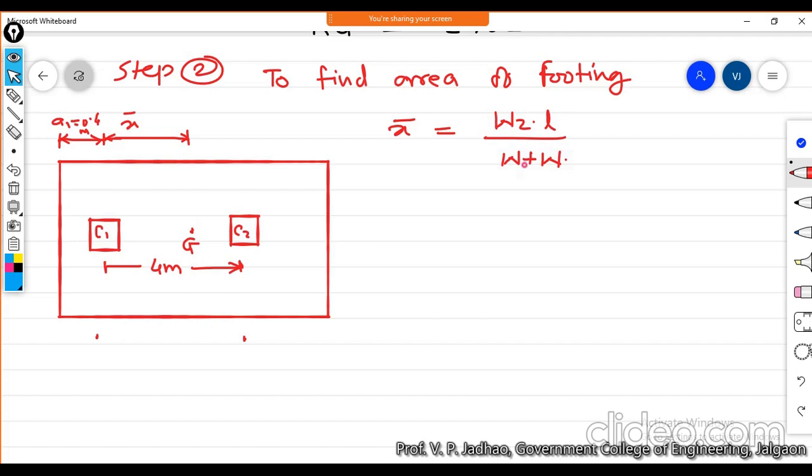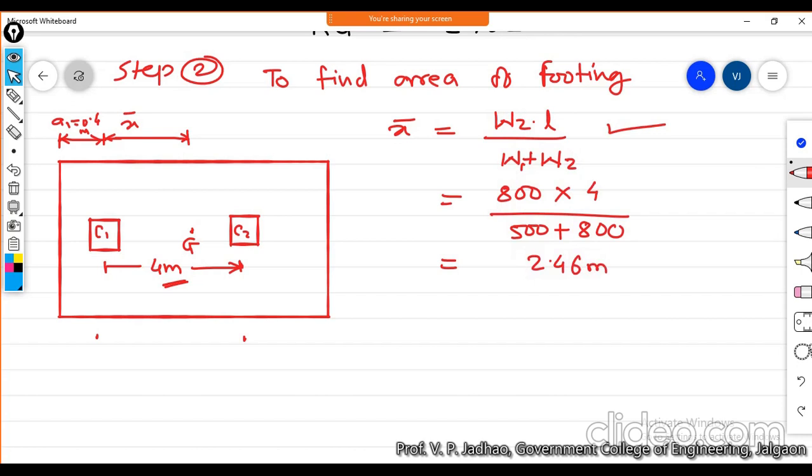Okay, we derived this formula when we covered the theory part. So we have W2 equal to 800 kilonewton multiplied by length L, which is 4 meter, divided by W1 plus W2, which is 1300 kilonewton. So this x bar comes out to be 2.46 meter.